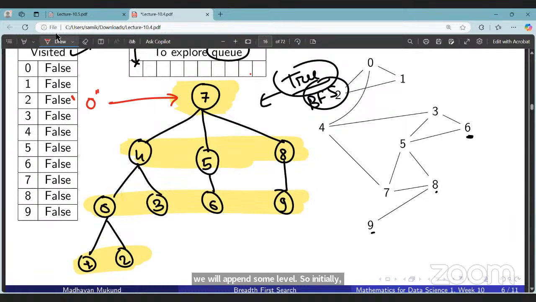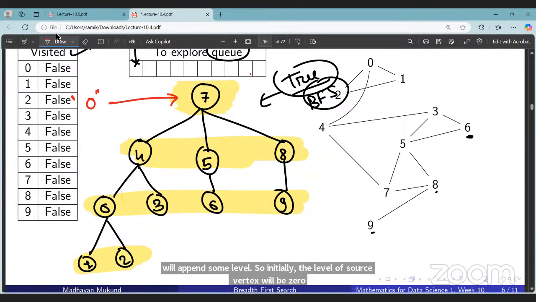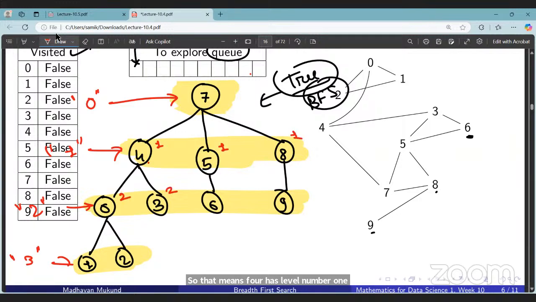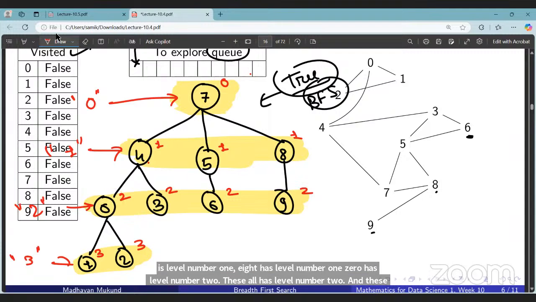The vertices we explore from the source vertex will get level number 1, their neighbors will get level number 2, and those neighbors will get level number 3. So these are the levels associated with each vertex. That means 4, 5, and 8 have level number 1, 0, 3, 6, and 9 have level number 2, these have level number 3, and the source starts with level number 0.